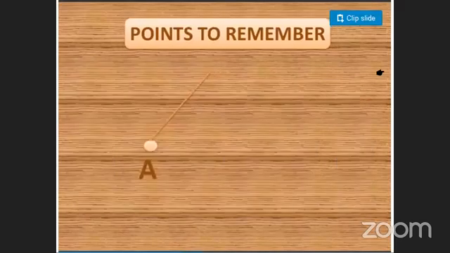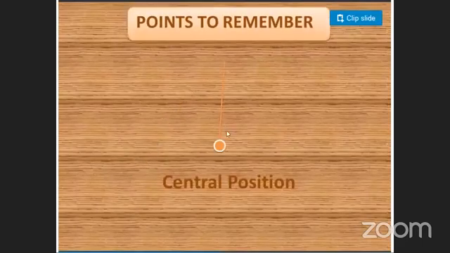Remember that name. In the next slide you can see this is our central position. The bob is connected with one thread. You can consider this as our thread and this as our small metallic ball, or bob.